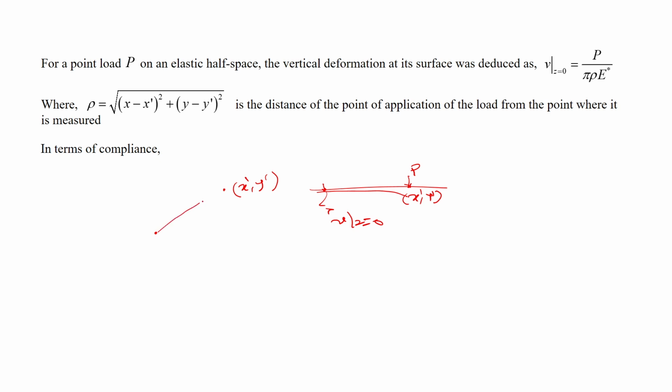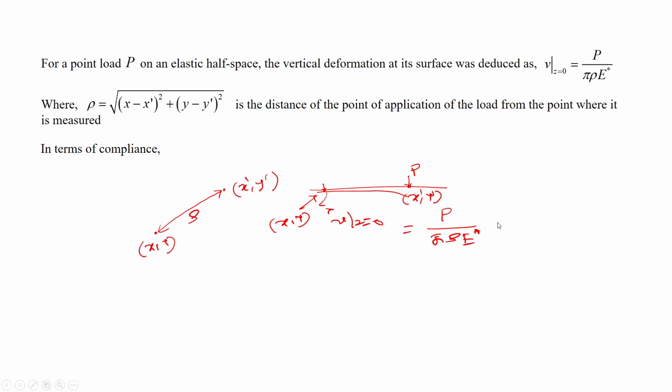Rho is the distance between these two points, where this point is x, y. So the vertical deformation V at z equal to 0, at the surface, was given as P by pi rho E star.